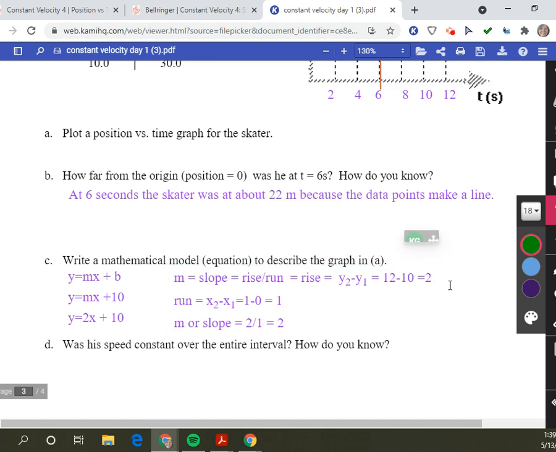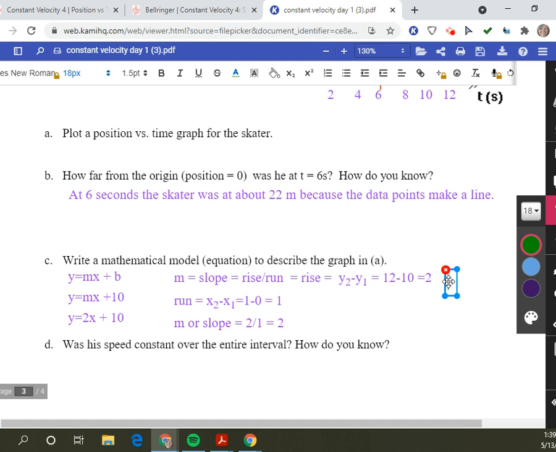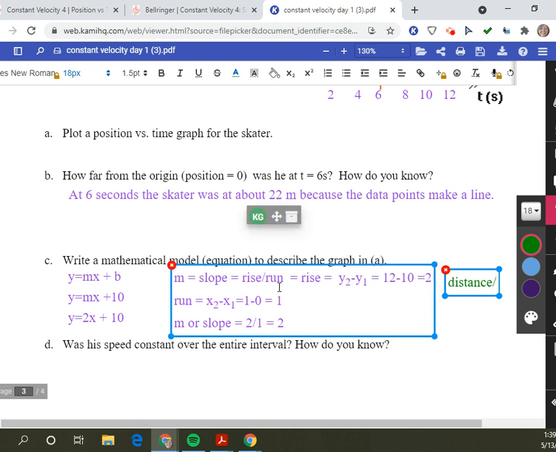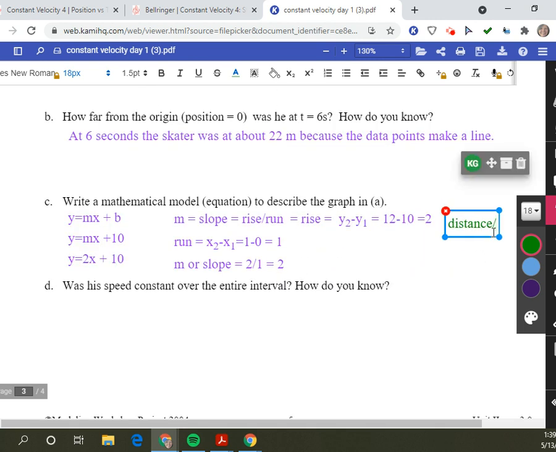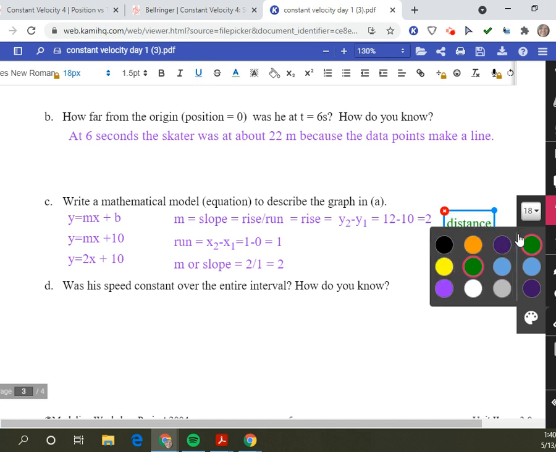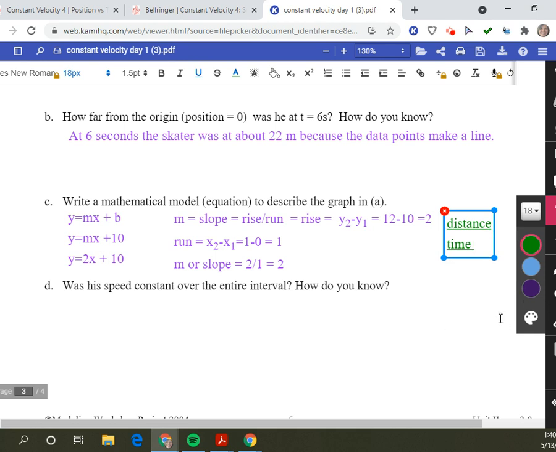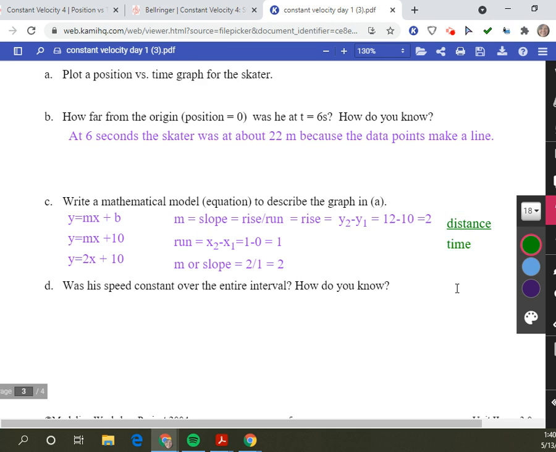If rise is your distance, then we're saying distance over, what was our run again? Let's go back. Rise is distance. Our run is time. So distance over time. What does that look like to you?